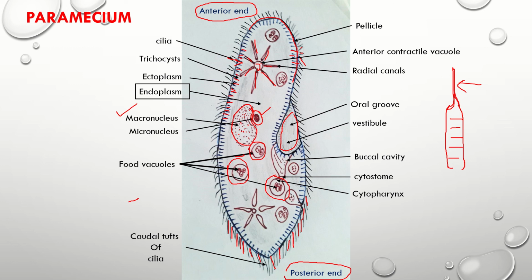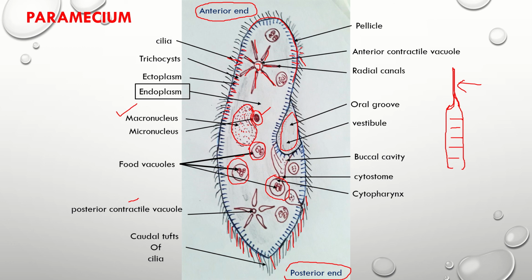Like the anterior contractile vacuole, there is another vacuole found towards the posterior side, called the posterior contractile vacuole. So they have two contractile apparatus, the anterior contractile vacuole and the posterior contractile vacuole.